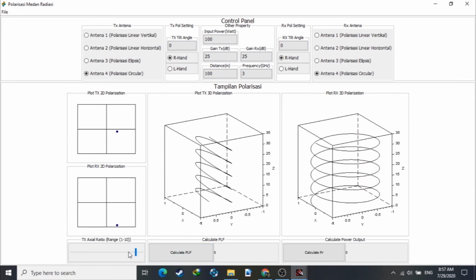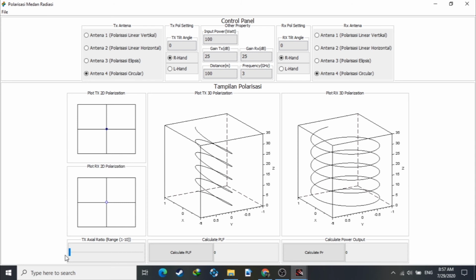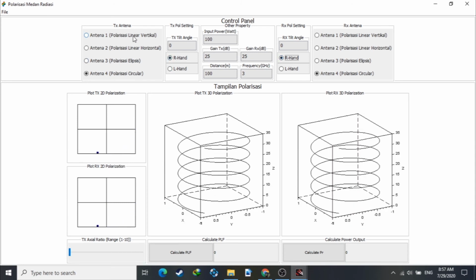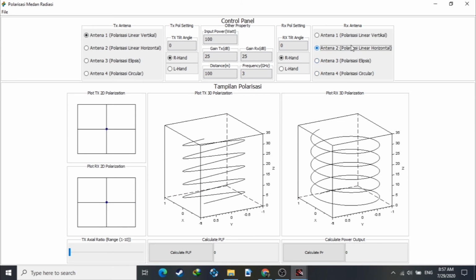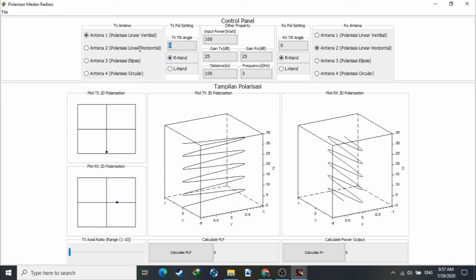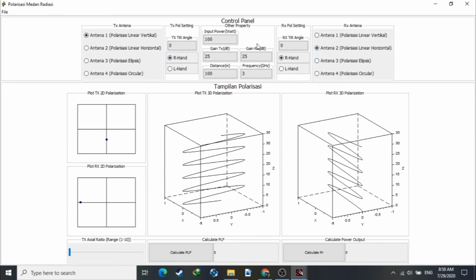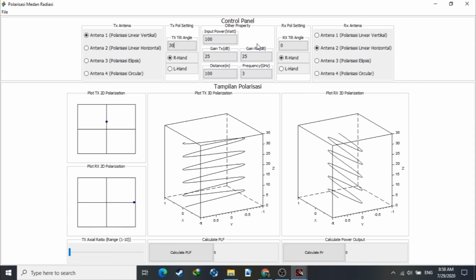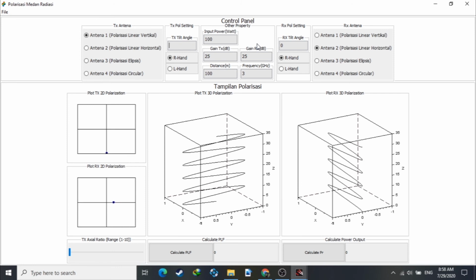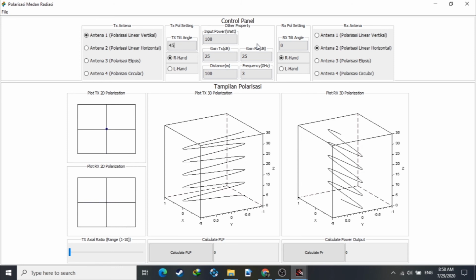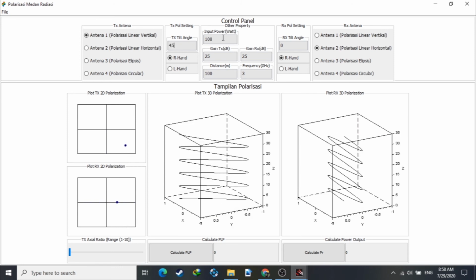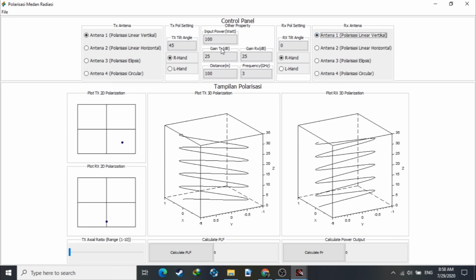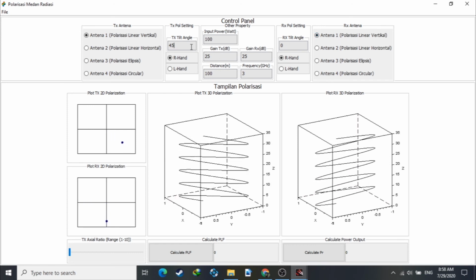Okay, so after that we're going to go back again to linear vertical and linear horizontal. So here we're going to move the tilt angle. So what if we change its number value at each tilt angle here?